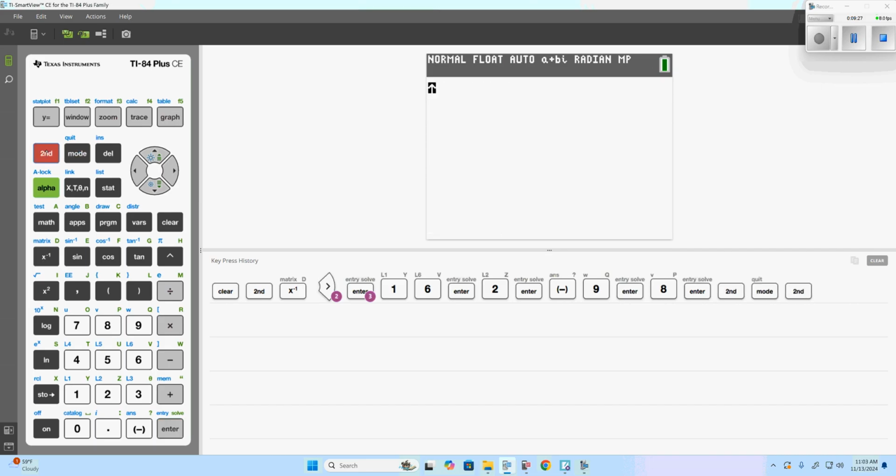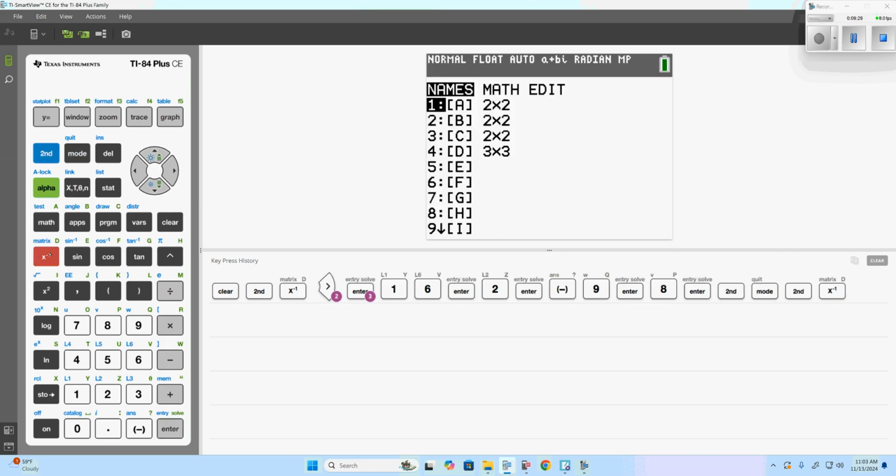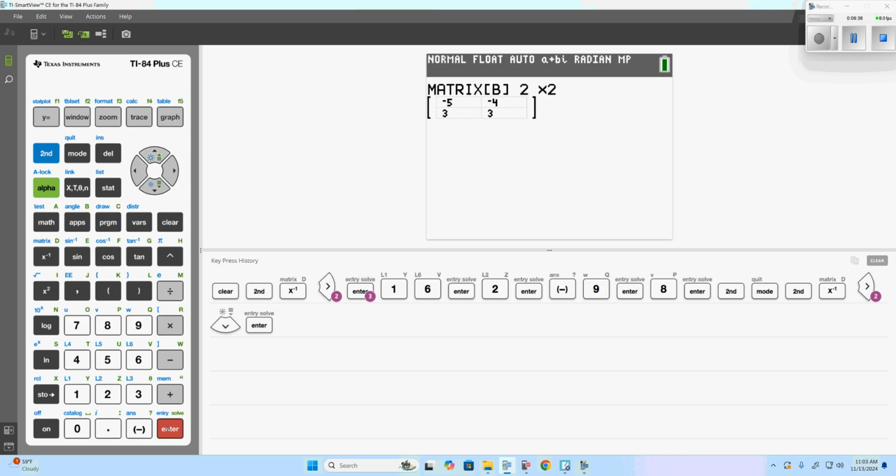second quit. Now we need to type matrix B in. So we'll do the same steps. Second matrix, over to edit and down to B. So go over to edit, enter, and we type. You can hit enter, and it'll move over to the next spot.